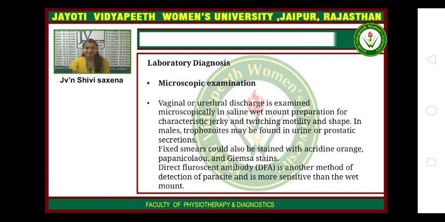In patients not responding to treatment with the standard regimen, the dose of metronidazole could be increased, or it may be administered parenterally. In pregnancy, metronidazole is safe in the second and third trimesters.